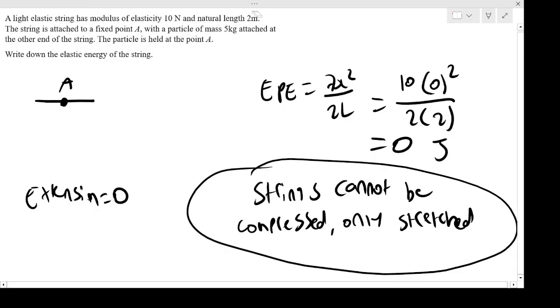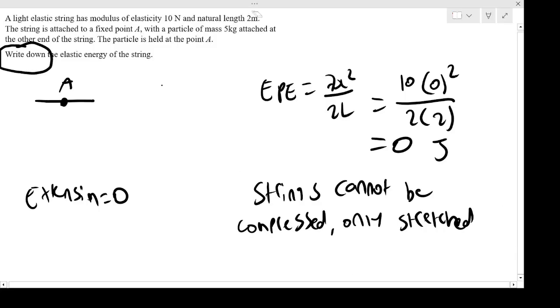That's why the question says write down the elastic energy, because I didn't really need to calculate anything. I could just see that it's a string, and the string is less than the natural length, so there's no extension, there's no stretching, so I can conclude that the elastic energy is 0 there.